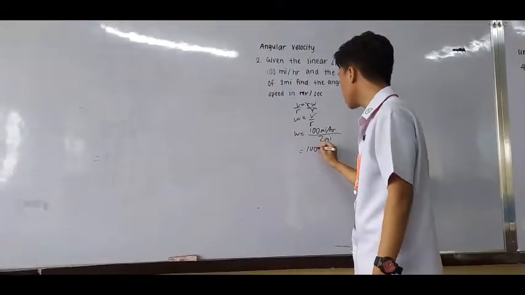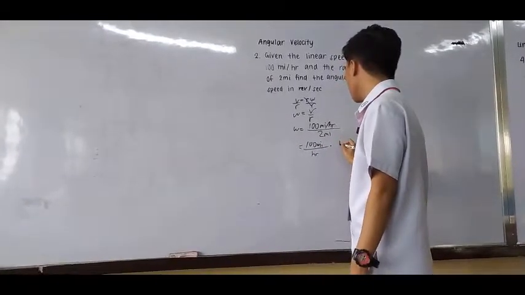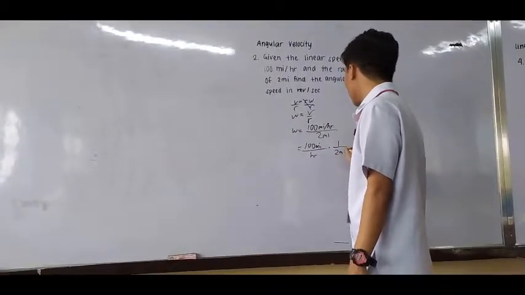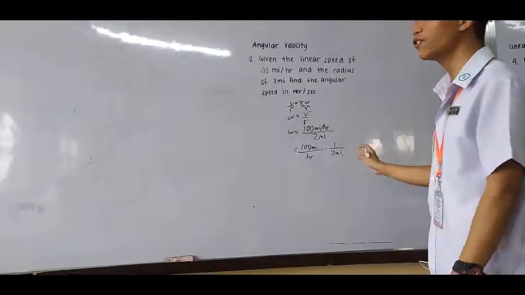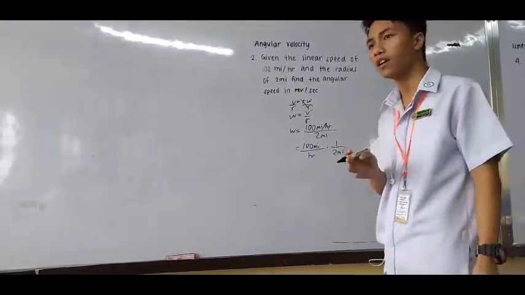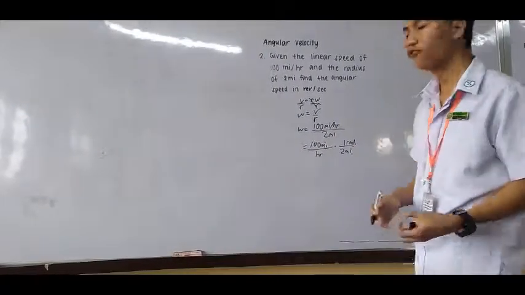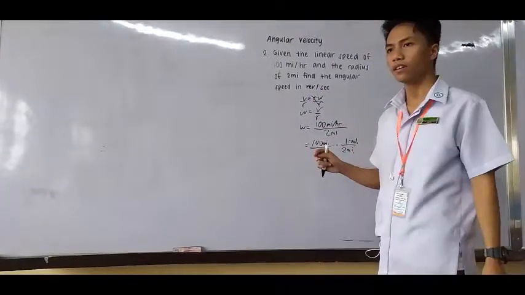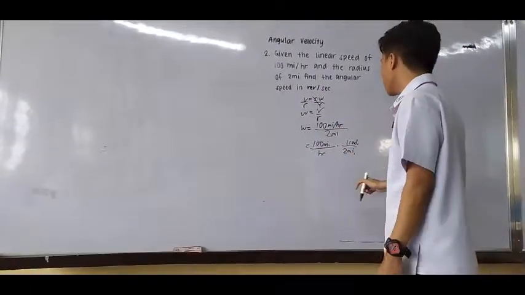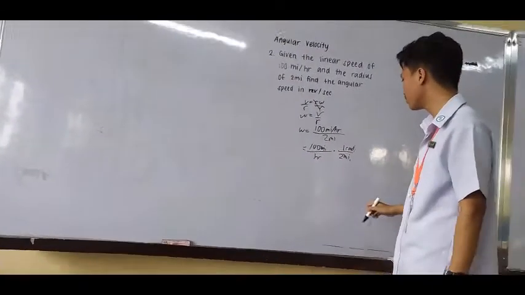So this is just 100 miles per hour times 1 over 2 miles. Now, there's no unit for 1. If there is no unit for a particular reciprocal, you will put radians in it, so that if you convert it into revolutions per second, we can get the exact value. So we're going to cancel this out.